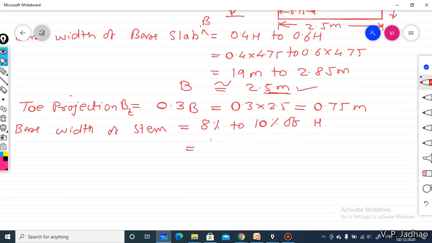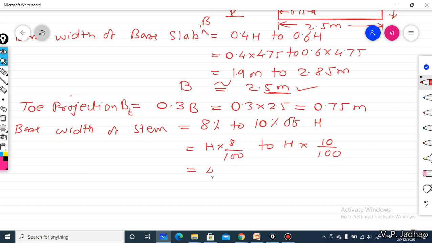So this is h into 8 by 100 to h into 10 by 100. Within this range we have to take the value of base width of your stem.